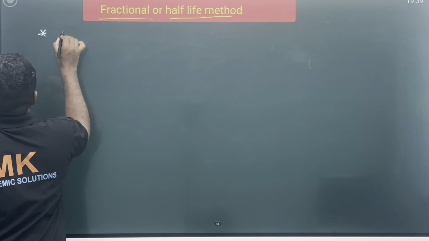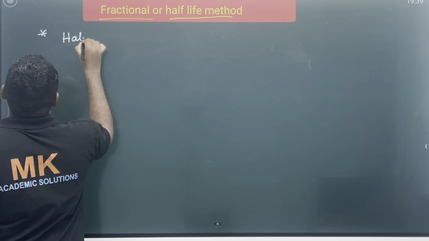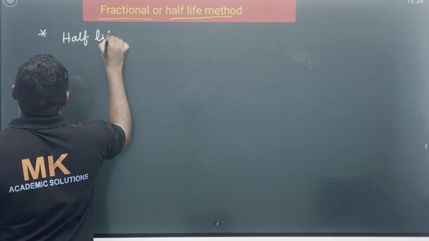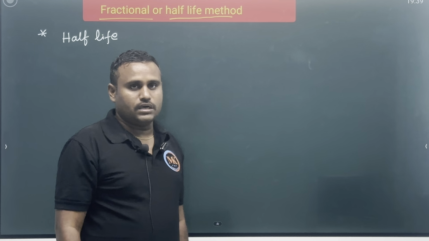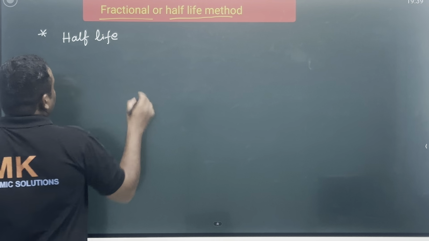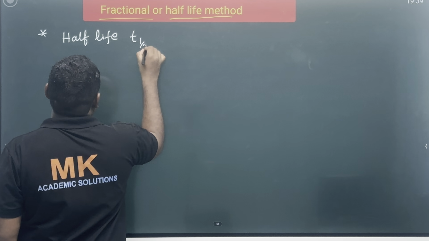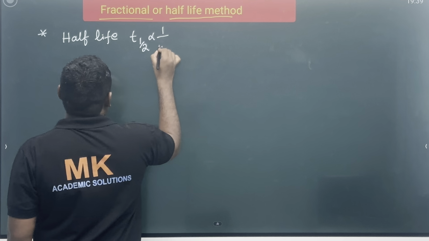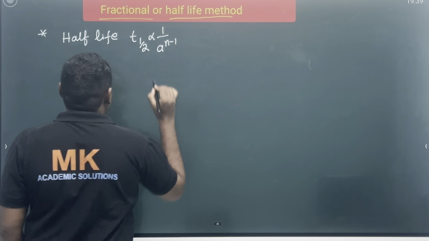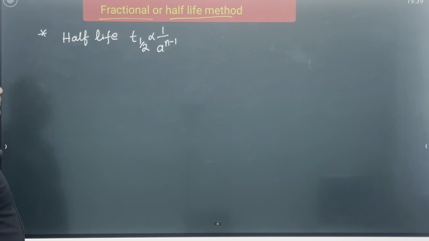So here, what is half-life? We know that half-life is the time required to complete half of the initial concentration. The half-life of any reaction is proportional to 1 by a power n minus 1.